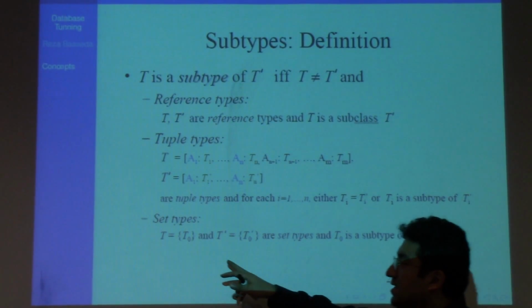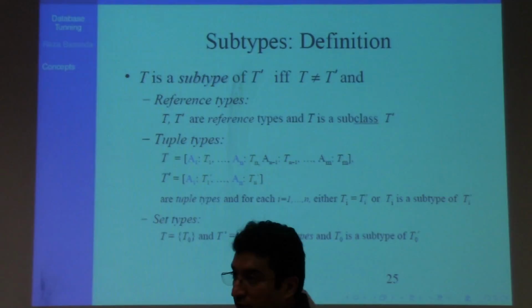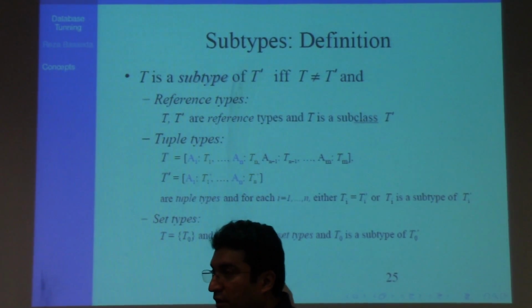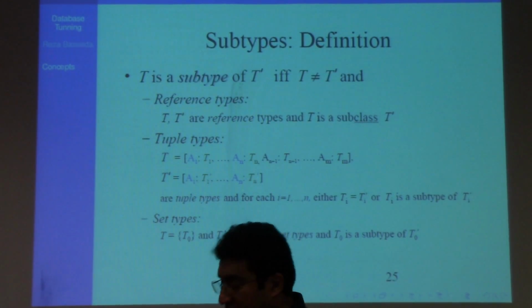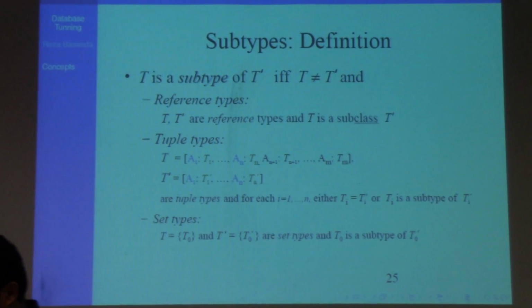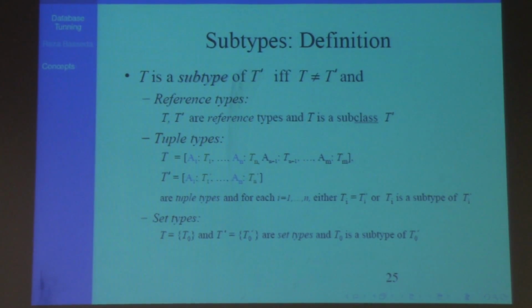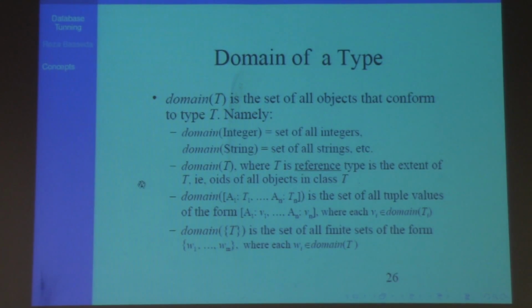If you have a set of students, that set of students is a subtype of a set of persons, right? So this is the definition of subtyping. I will give more examples on tuple types next Thursday. Any questions? No? Okay, good.